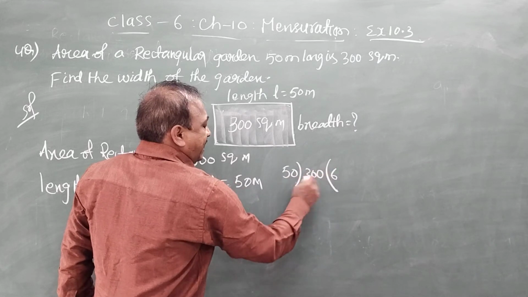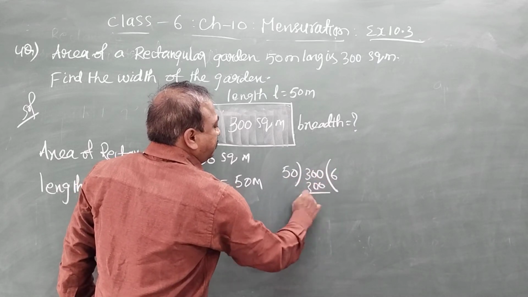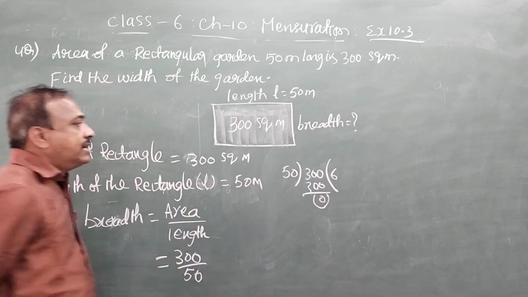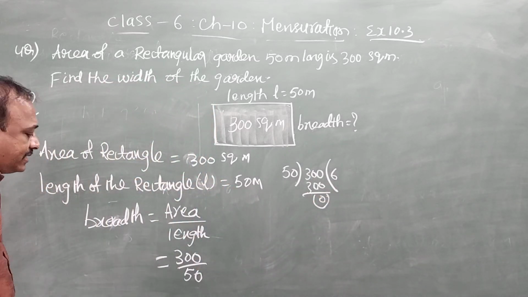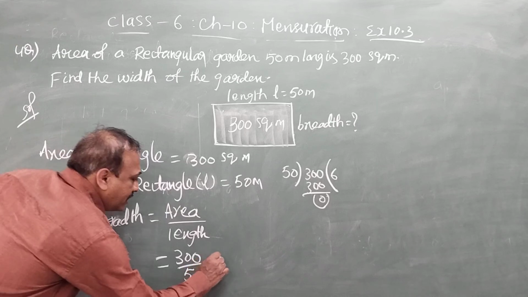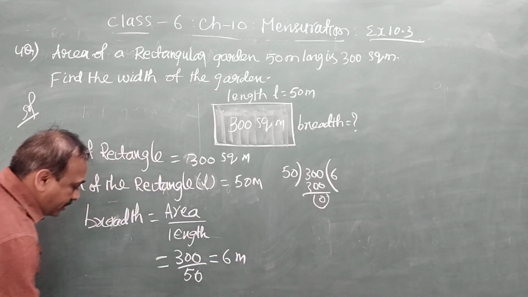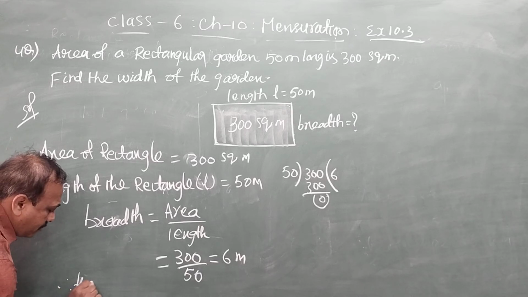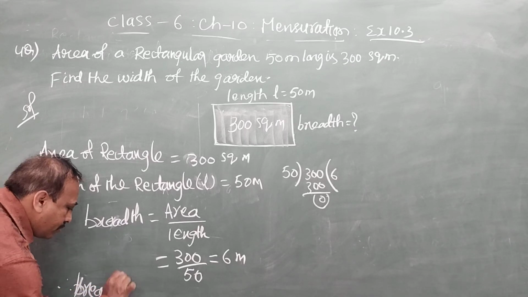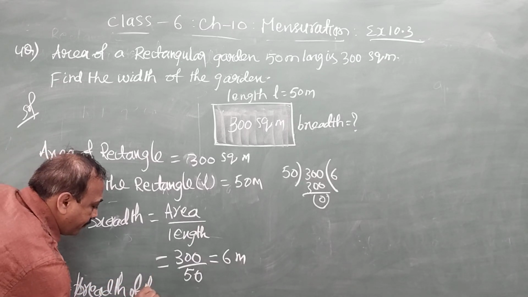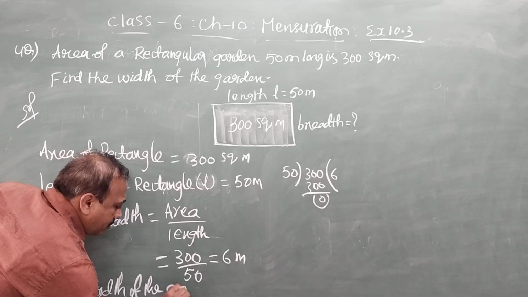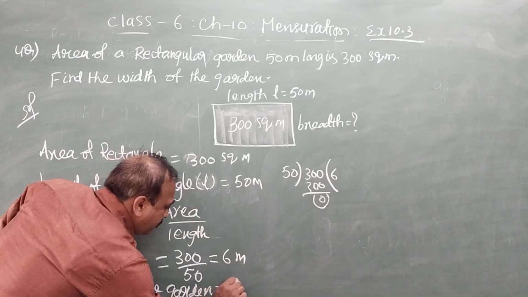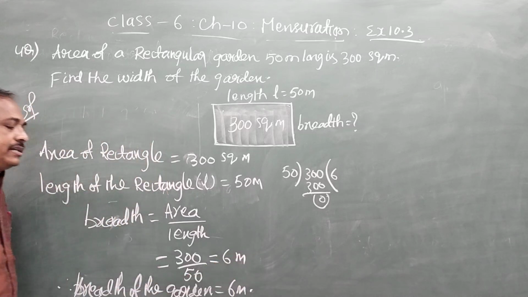So 6 meters. Therefore, breadth of the garden is equal to 6 meters.